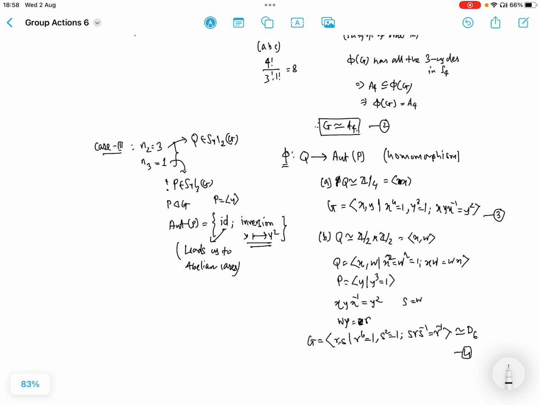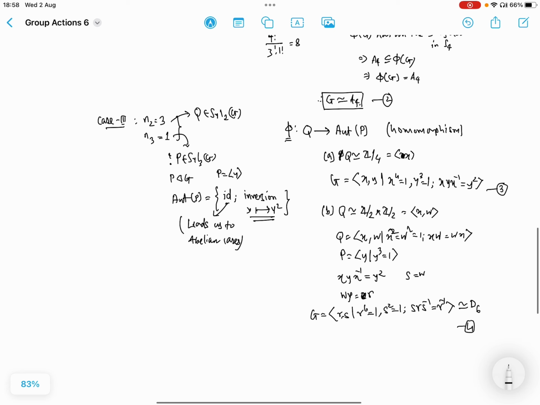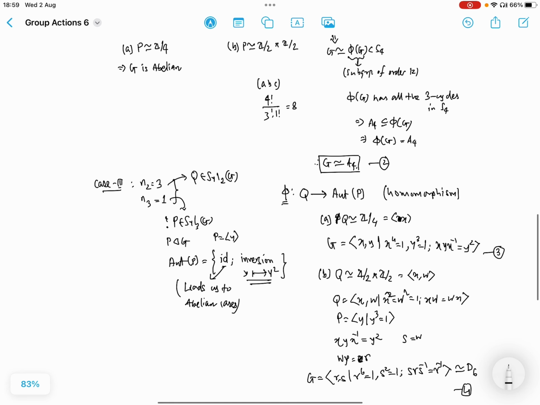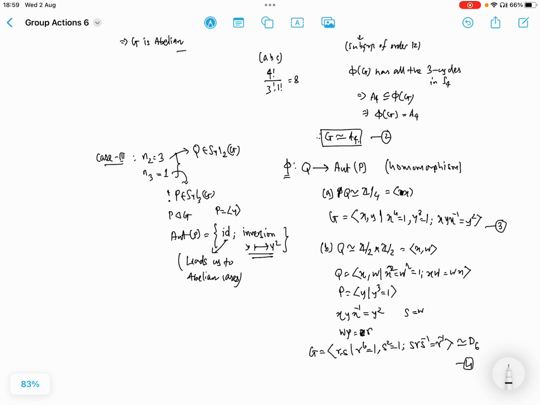Okay, so now that is all about groups of order 12. So I left two things actually. I left this case to show, and also I left here. It will be just a bit of calculation, so you can do it. So eventually, what you get from here is that G is just generated by, say, X, W, and Y, right?